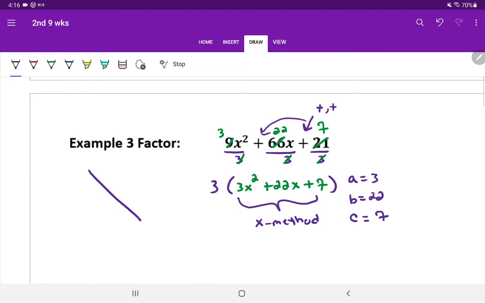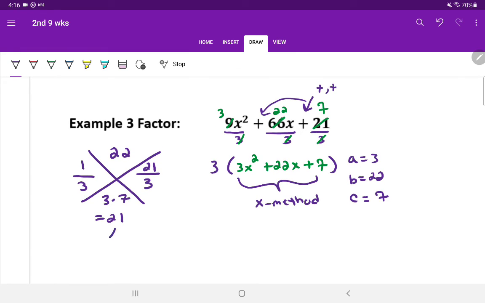So let's go ahead and do the X method over here. I'm going to put 3 in my denominator. On the bottom, 3 times 7 gives me 21, and then my B coefficient is 22. Now the factors for this are going to be 1 and 21. It's so often students don't realize that 1 is still a factor.